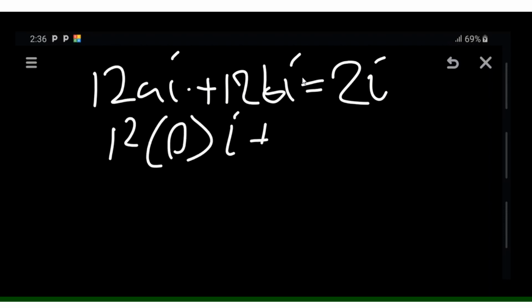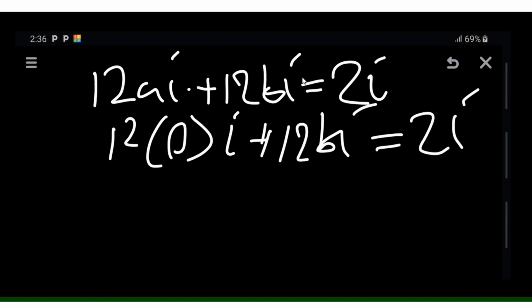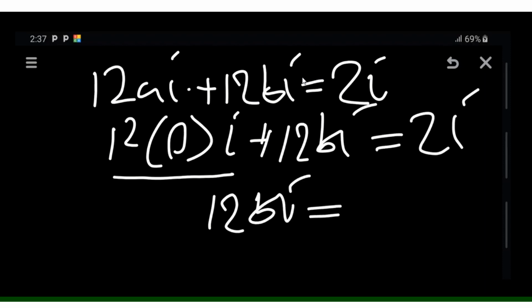We don't have to waste much time. So when we multiply this here, it will give you 0. So meaning we have 12bi is equal to 2i. All right. So you divide both sides by 2.